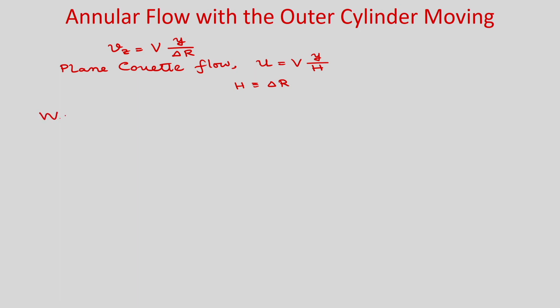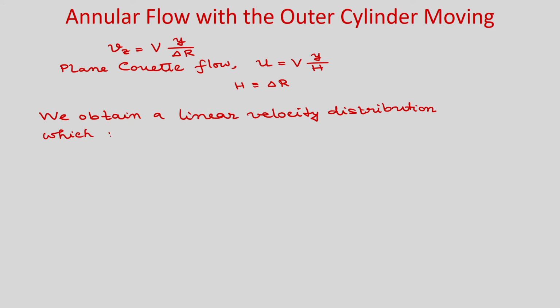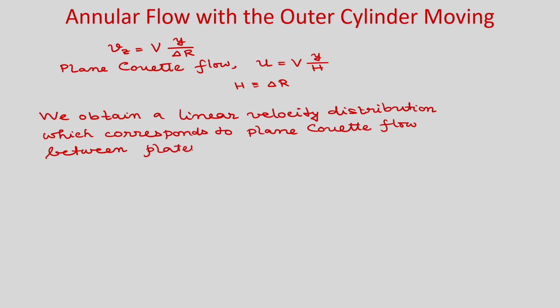So, we obtain a linear velocity distribution which corresponds to plane Couette flow between plates separated by a distance delta r.